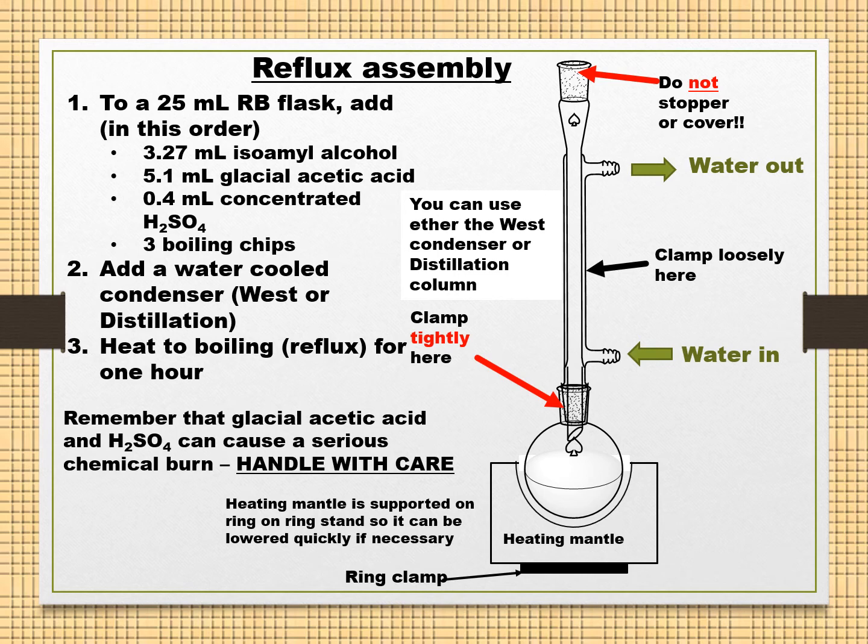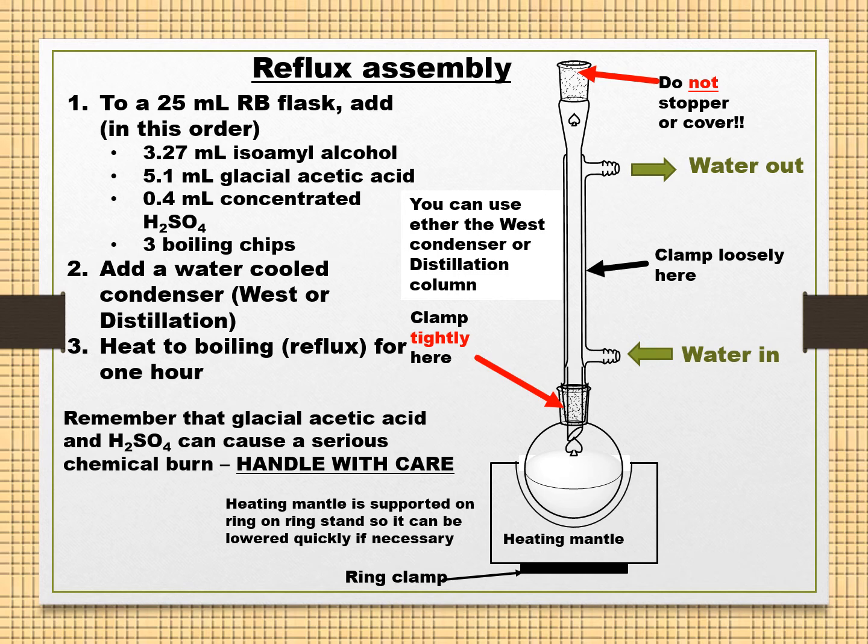And then attach your condenser. You can use any condenser. It could be a once condenser or a distillation column for that matter, but whichever you add, you have to make sure that the condenser has water in it, in fact cold water in it, and also make sure that the water inlets and outlets are tightly connected.